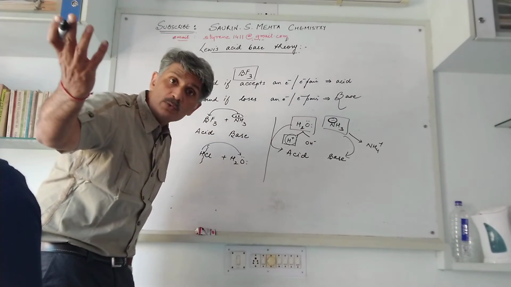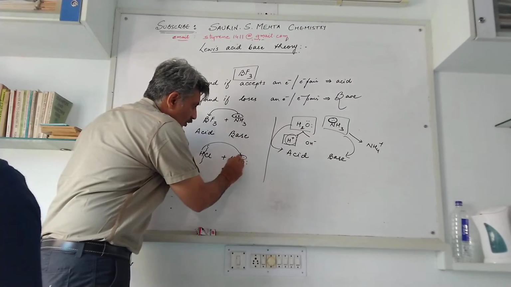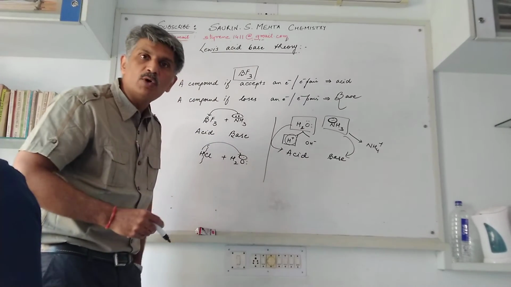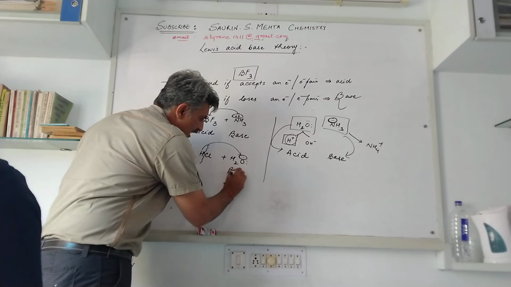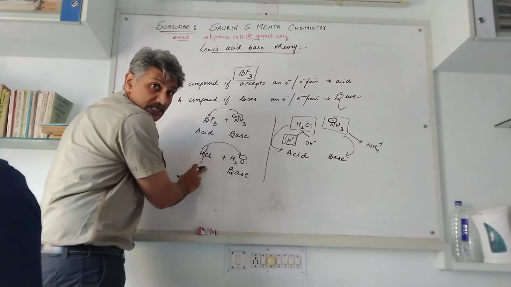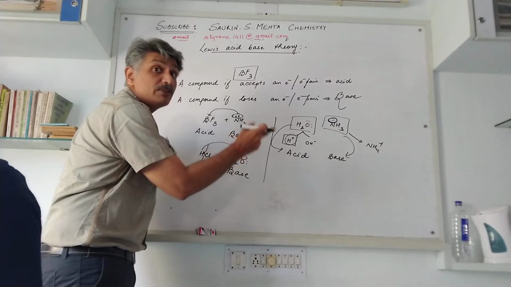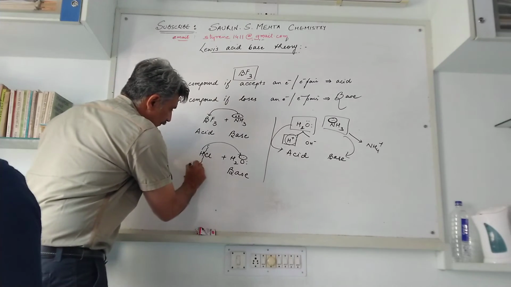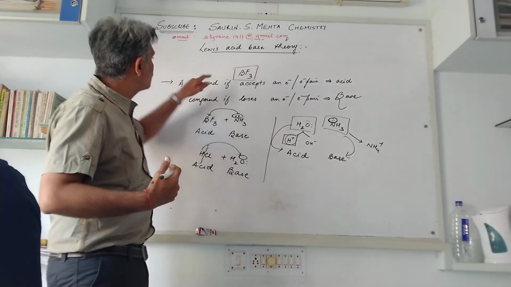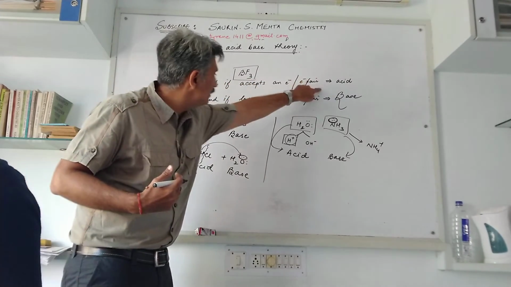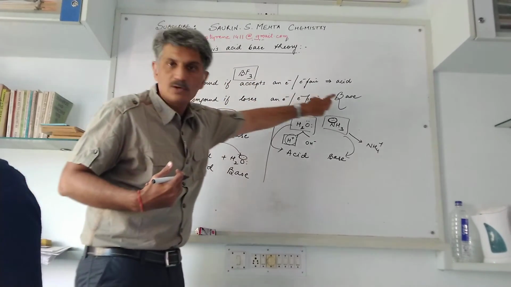On the other hand, what you can say? The electron is lost by water. One which loses electron or electron pair is a base. One which gains, because Cl will be formed with a minus sign, is an acid because it is gaining electron or electron pair. So accepts electron is acid, loses electron or electron pair is a base.